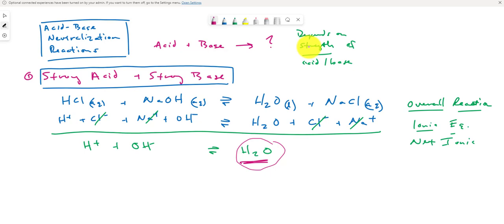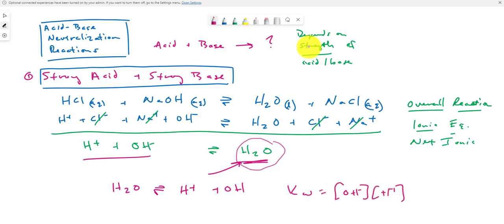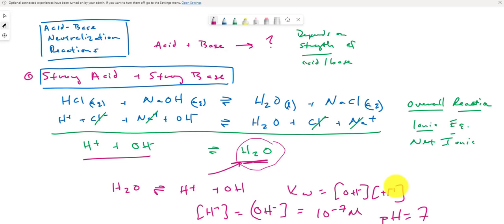We know that water itself, once you make pure water after this initial reaction of strong acid, strong base, is going to auto-dissociate as we expect it to, and it's going to abide by the equilibrium, Kw, such that the proton concentration and the hydroxide concentration are both equal to 10 to the minus 7 molar, which we know, if we take the negative log of that, is a pH 7.